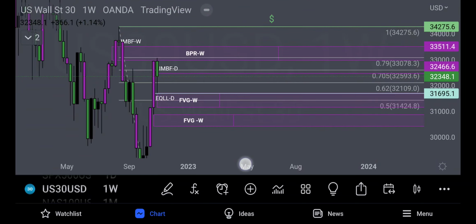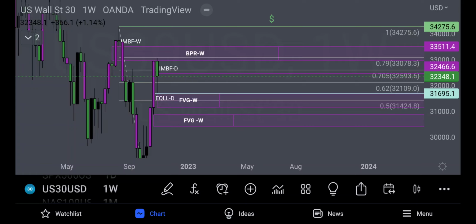Now we do have bullish fair value gaps here on the weekly. To get through that may cause a little reaction, or we may push all the way through it. Depends on what the algorithm is going to do, whether it's going to completely fill the gaps or just mitigate them first and then fill them.